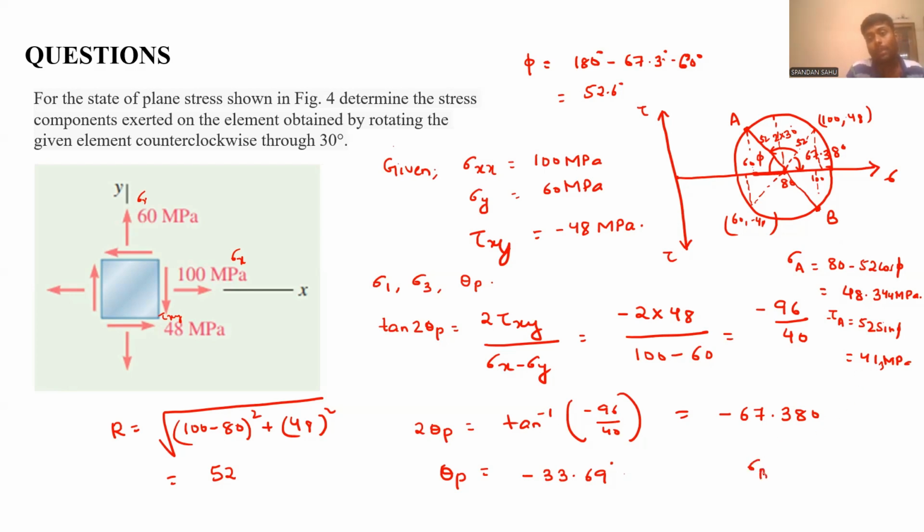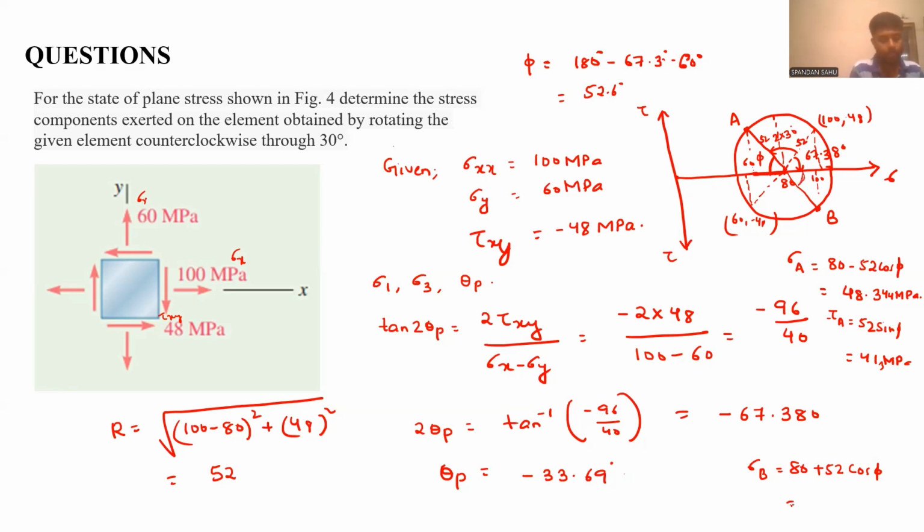So sigma B will be nothing but 80 plus 52 cos phi, because this will be a straight line, and if this is 52 degree, then obviously this portion will also be 52 degree.